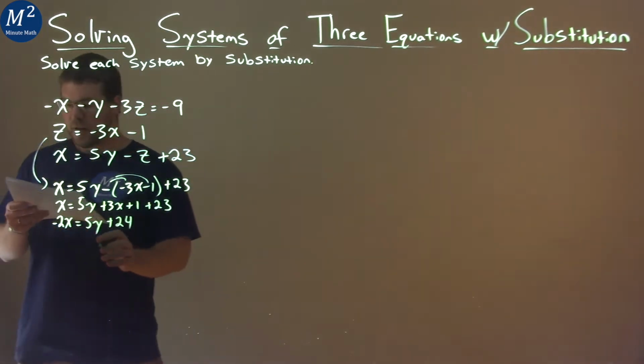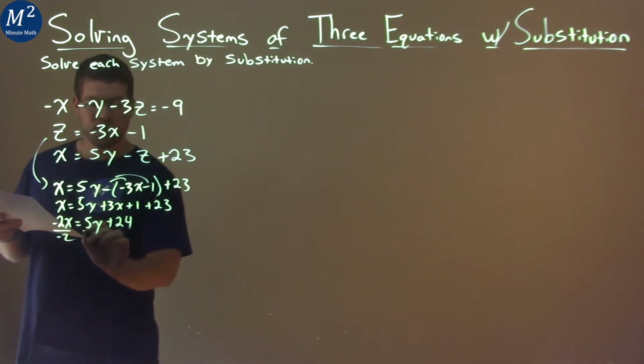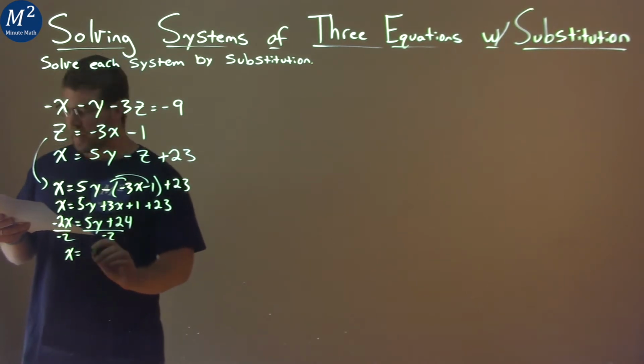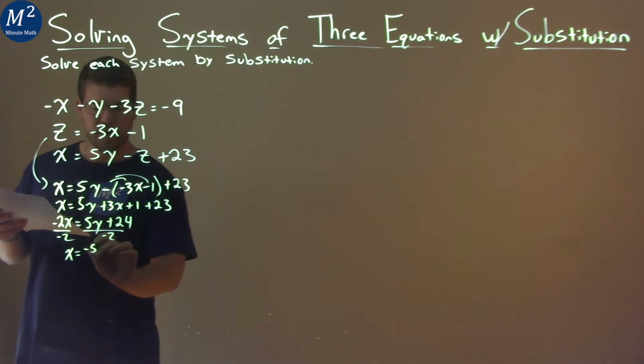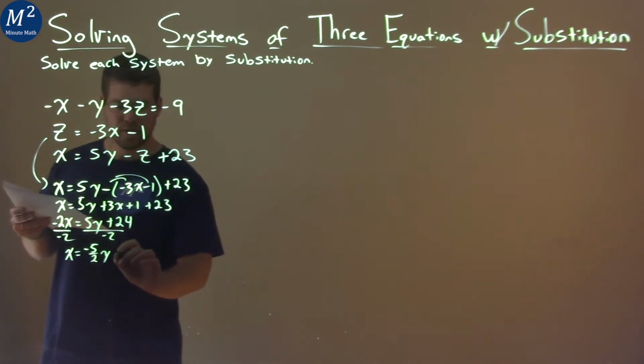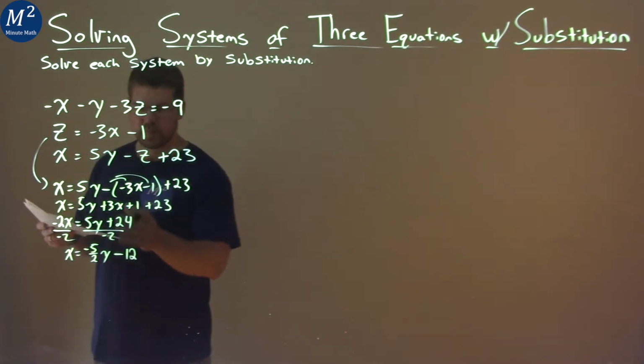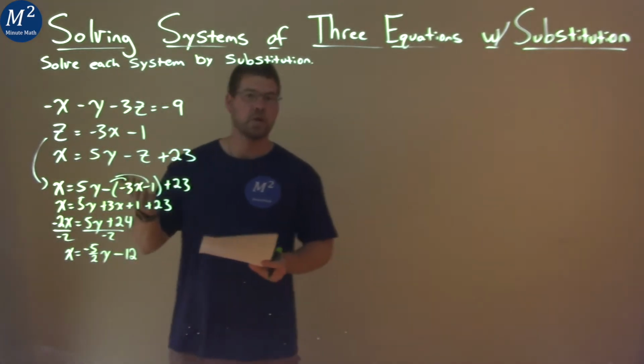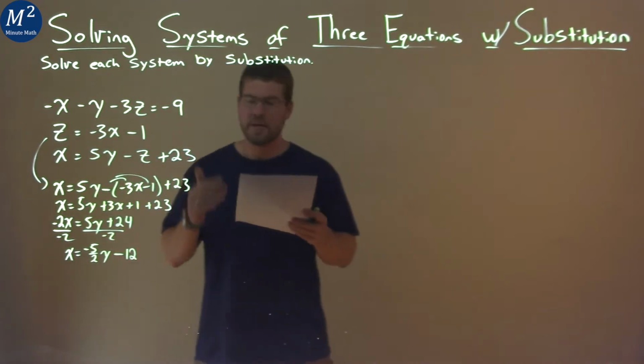If I divide both sides by a negative 2, now I have x completely by itself, and in fraction form we have a negative 5 halves y, and then 24 divided by negative 2 is a negative 12. So now we have x by itself in terms of y, but where can we go from here?